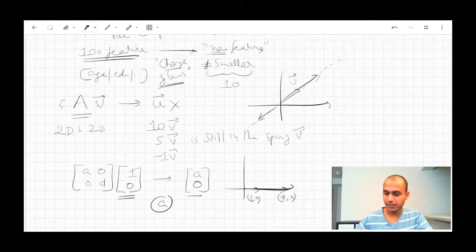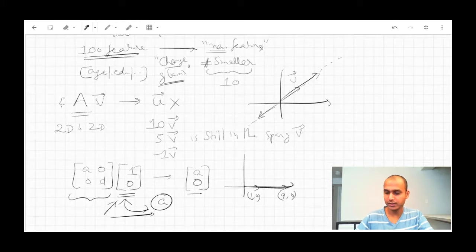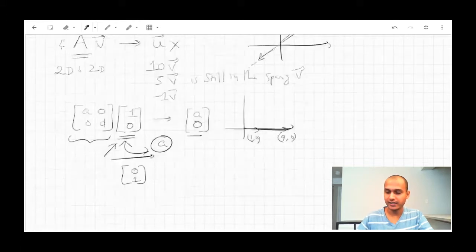So that is also a special number. In fact, this is called the eigenvector of this linear transformation, and this is called the eigenvalue of this linear transformation. Similarly, there's one more vector which also does the same thing, and I chose this matrix A in a special way to illustrate this. For 0 comma 1, you get a scaled vector, 0 comma b, which is a scaled version of the input vector.